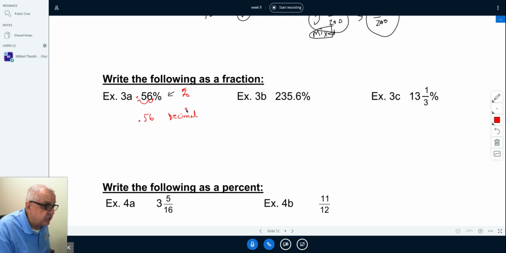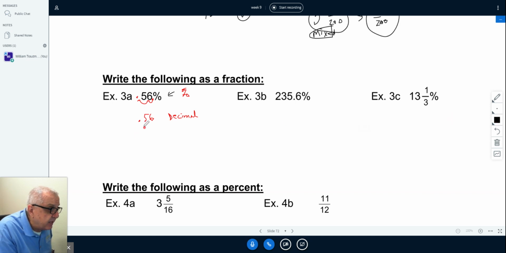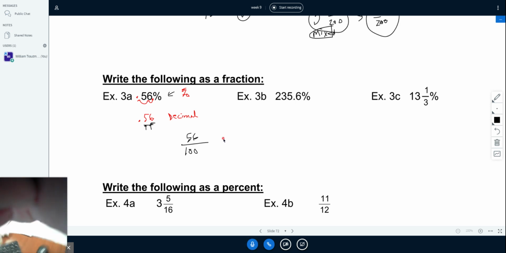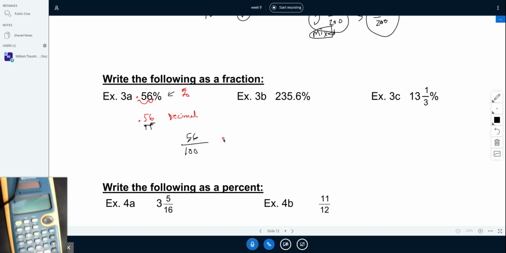Now I have to change this to a fraction, and we already know how to do that. You write the whole number to the right of the decimal on top of the fraction, and on the bottom, tenths, hundredths, whatever the far right place value is, 100. I'm going to put 0.56 on my calculator because that reduces.